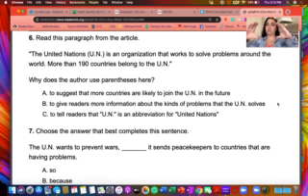Little half circles, okay? A, to suggest that more countries are likely to join the UN in the future. B, to give readers more information about the kinds of problems that the UN solves. Or C, to tell the readers that UN is an abbreviation for United Nations. Again, the question is, why does the author use parentheses here?